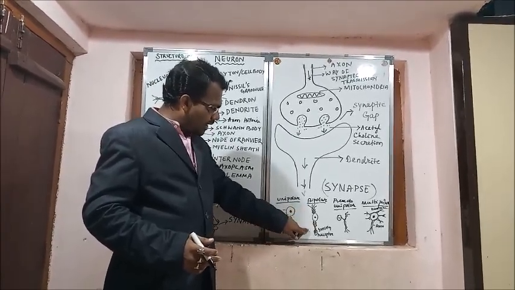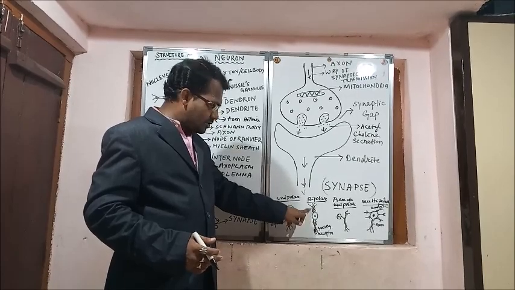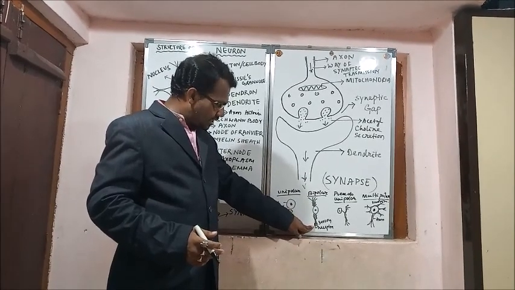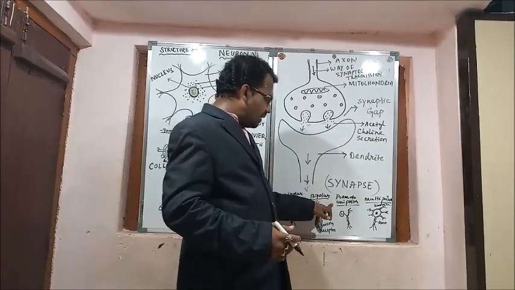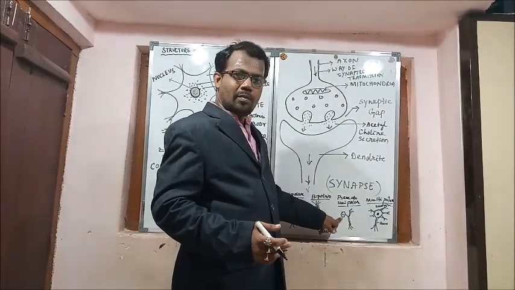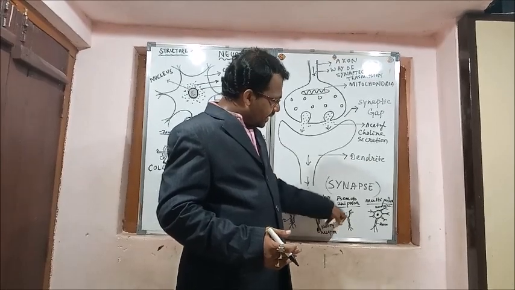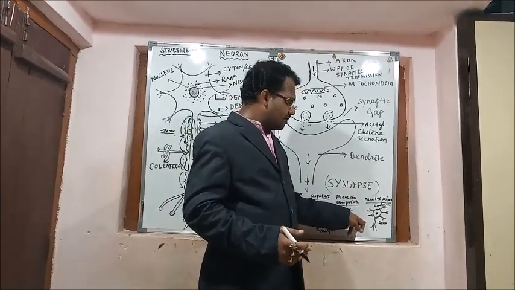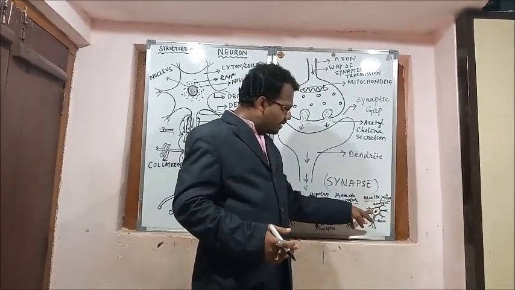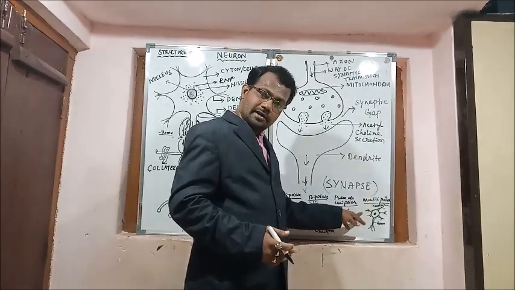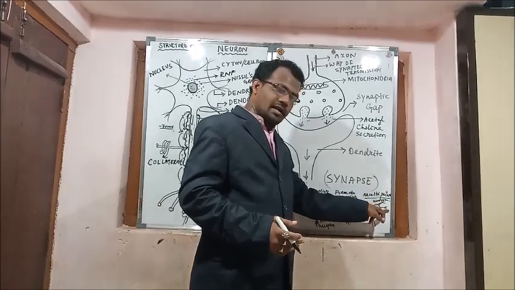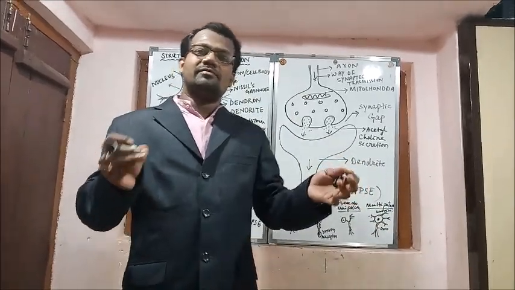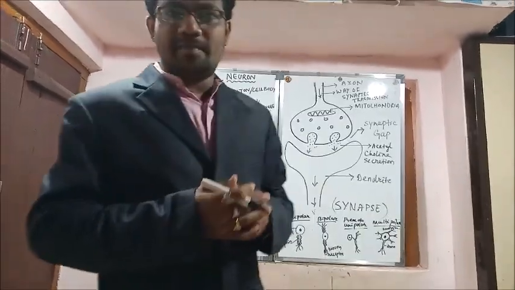In bipolar, on both sides you can see axons; one side is a sensory receptor and here an axon is there. Pseudo-unipolar looks like unipolar but has a sensory receptor. Multipolar has many dendrons with one axon. If many dendrons are there, then transmission of the nerve impulse can take place in many ways.